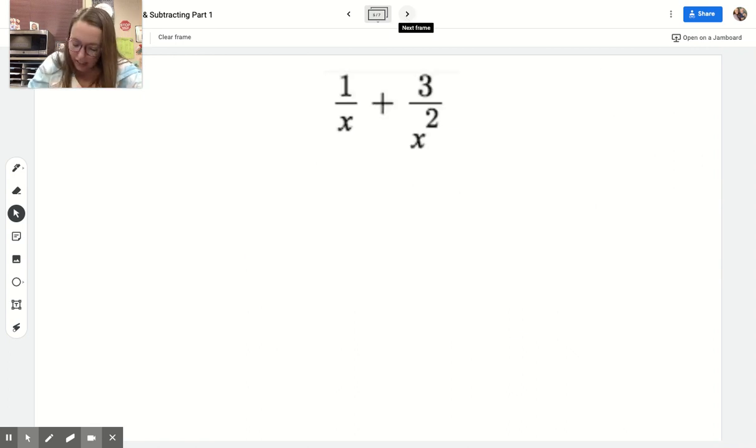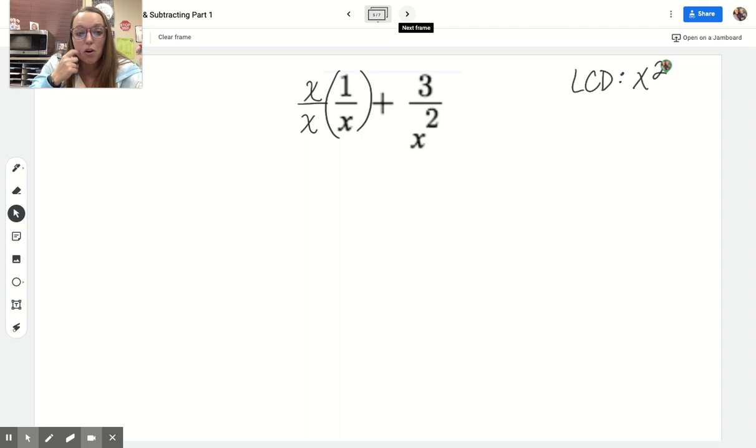I've got x and x squared. Now I could multiply those together and get x to the third, but I can actually go a little bit lower than that. In the last one, I couldn't add 2 to both the top and the bottom to make them equal, but there is something I can multiply the first fraction by to make the denominator the same as the second fraction. If I just multiply the top and the bottom by x, I'm going to get x squared in the denominator.